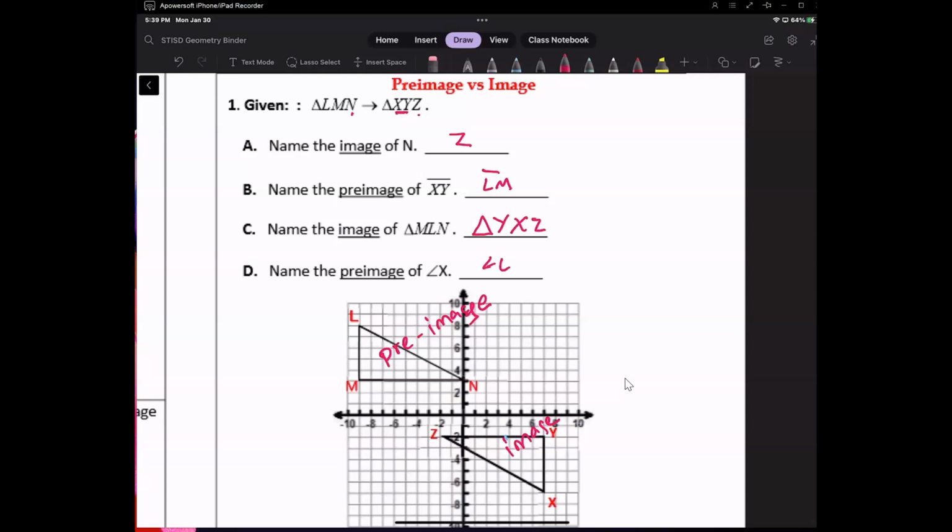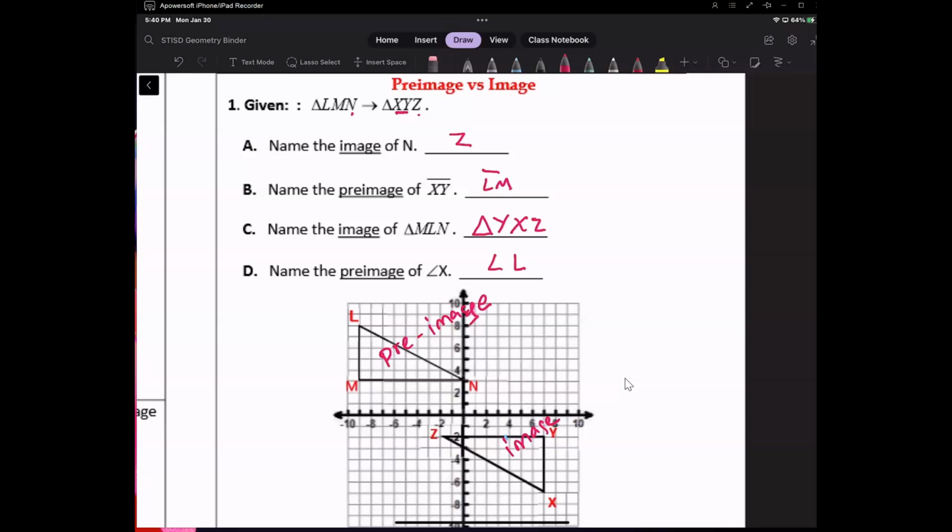So the words that are really important are image, which I told you, the pre-image is the picture before, the image is the after. And what we're talking about is translation.